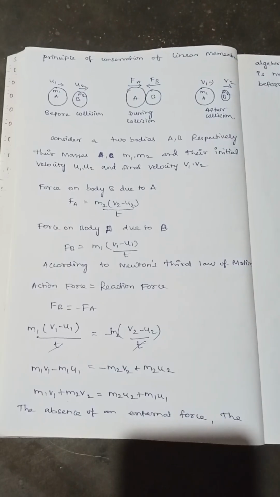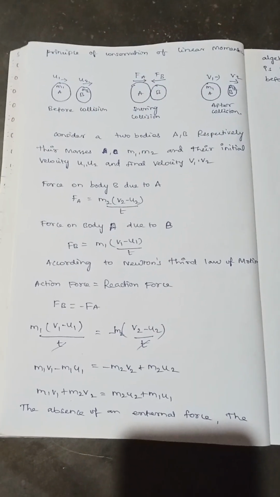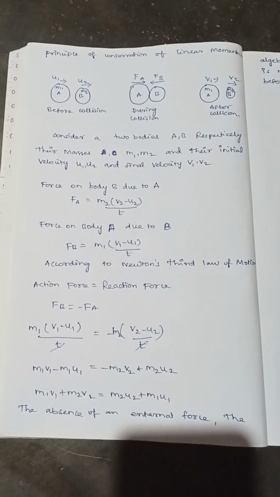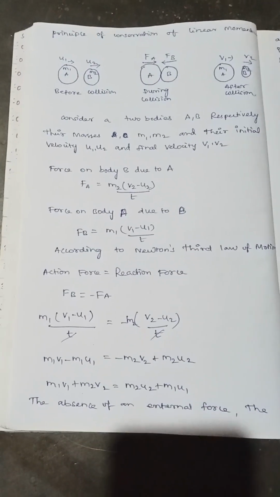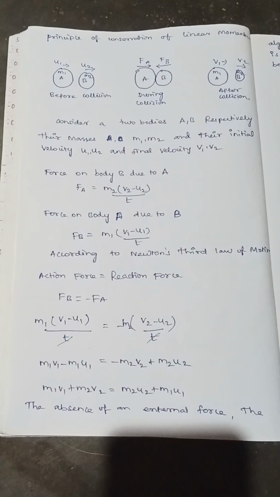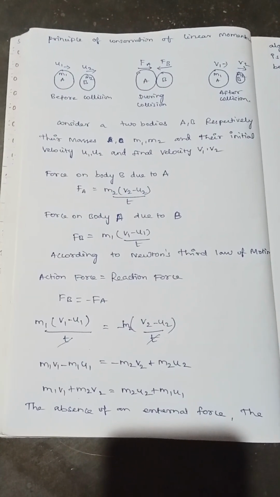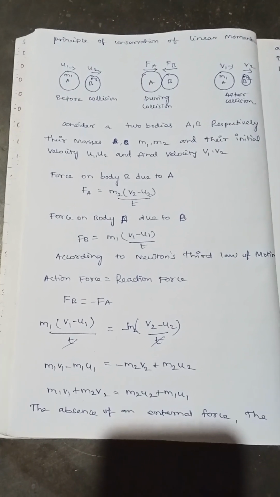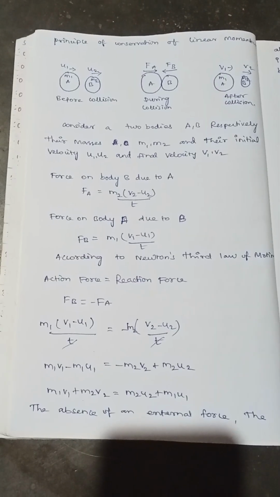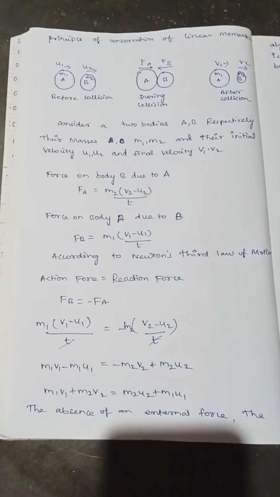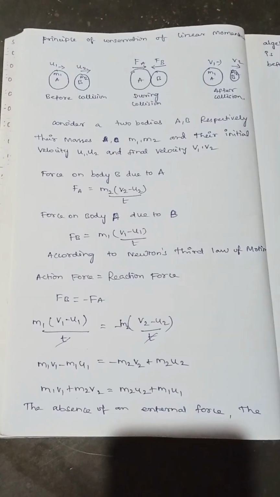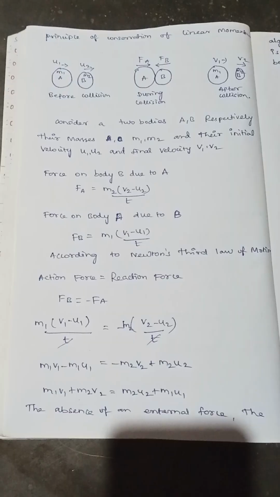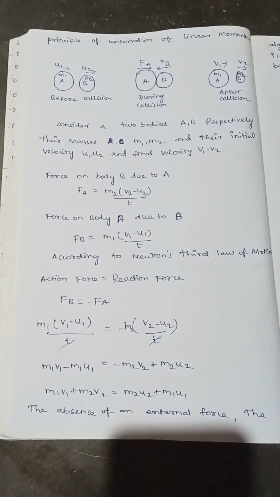Force on body B due to A, Fa equals m2 (v2 - u2)/t. Force on body A due to B, Fb equals m1 (v1 - u1)/t. How do we remember these two equations? A means 1, B means 2.